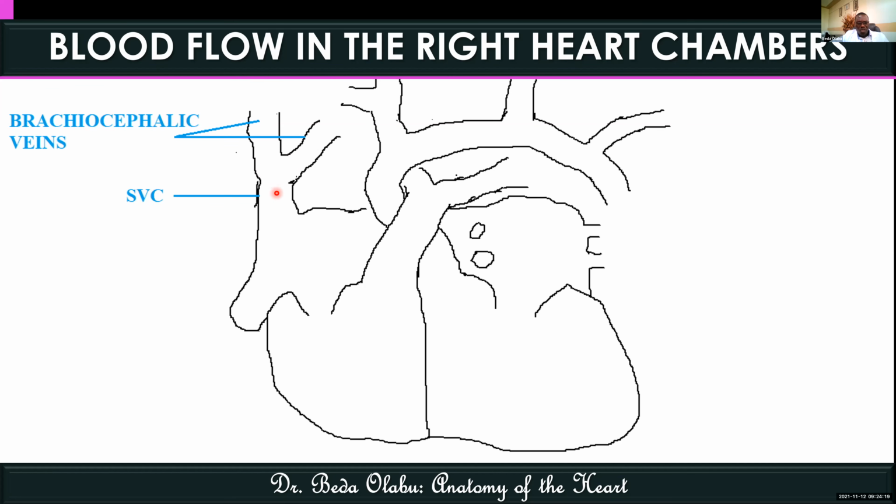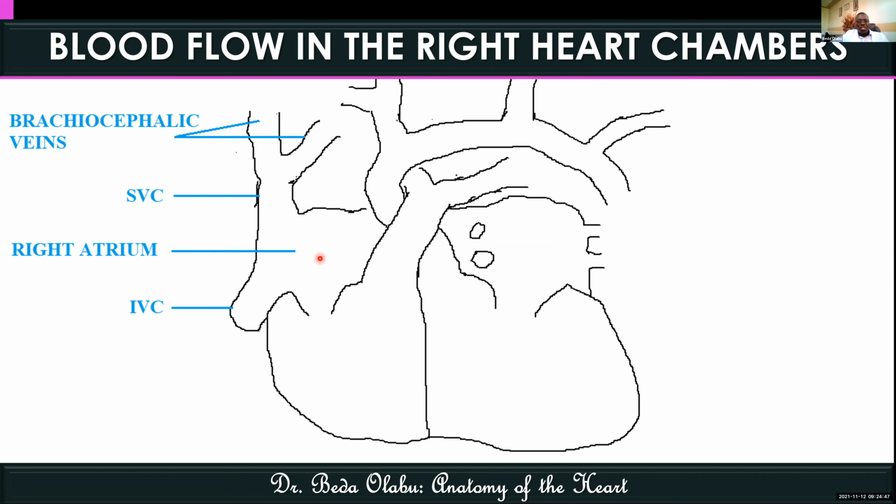These two join to form the superior vena cava, which empties its blood into the right atrium. Remember that the right atrium also receives blood from the inferior vena cava. Generally, the blood entering by the superior vena cava comes from the upper part of the body. The blood entering the right atrium from the inferior vena cava comes from the lower part of the body.